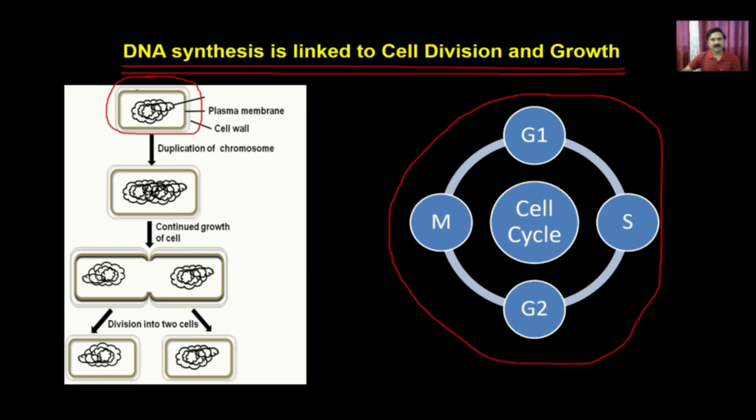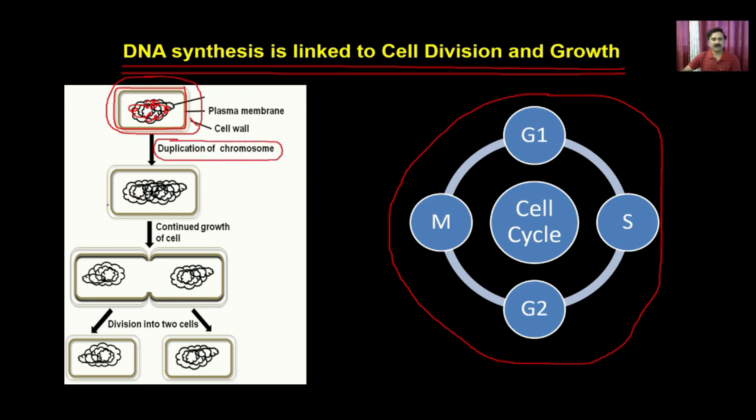In the bacteria, you know that it has the cell wall, and then it has the plasma membrane, and within the plasma membrane you have the genomic DNA or the chromosome. So in the first step, this genomic DNA or the chromosome is going to be duplicated.